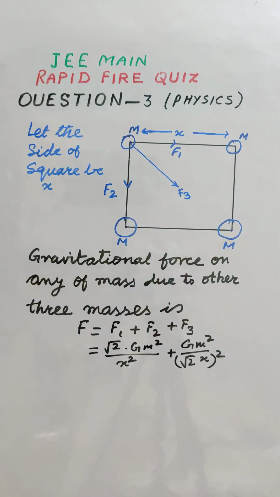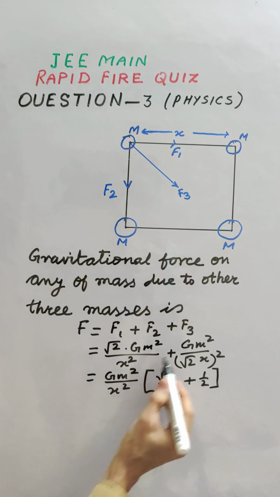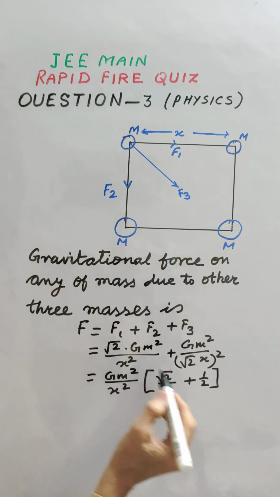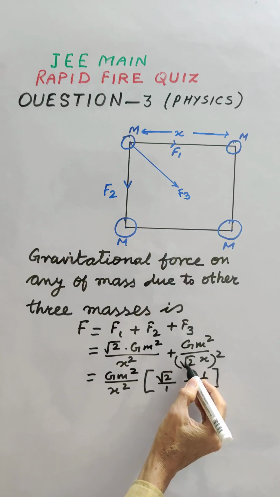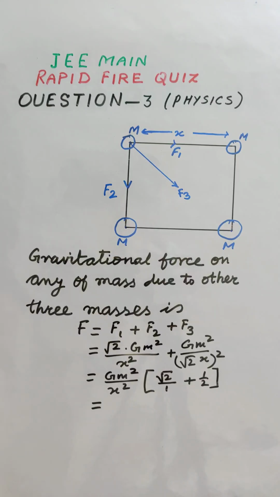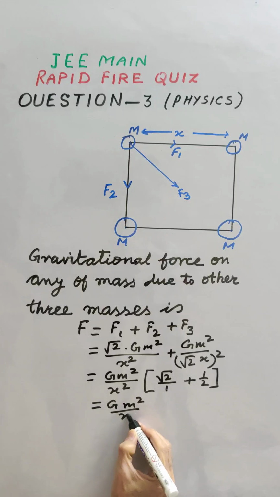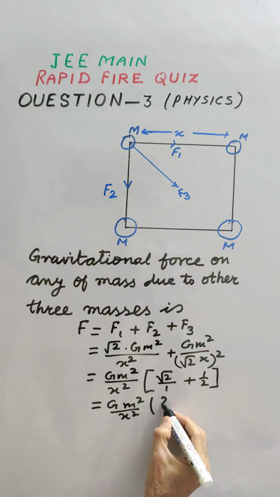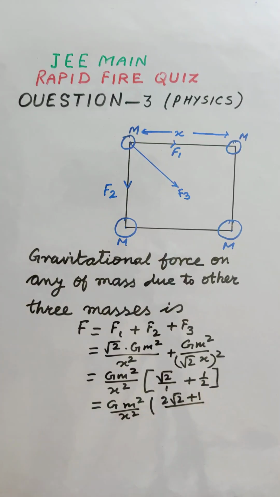On solving, taking G m square upon x square common out of these two, there will be root 2 upon 1 and 1 upon 2, since root 2 square is 2. That will be equal to G m square upon x square into (2 root 2 plus 1) upon 2.